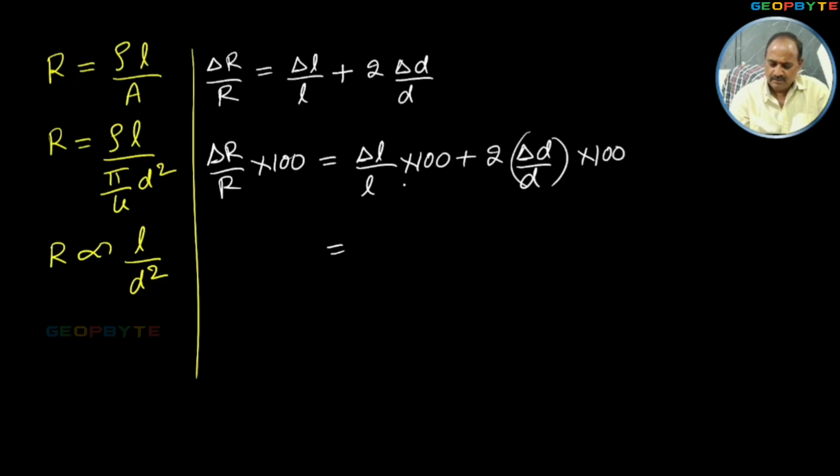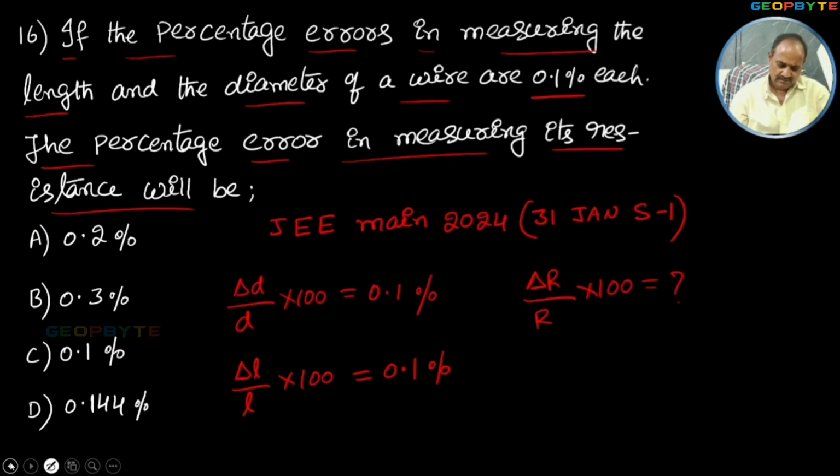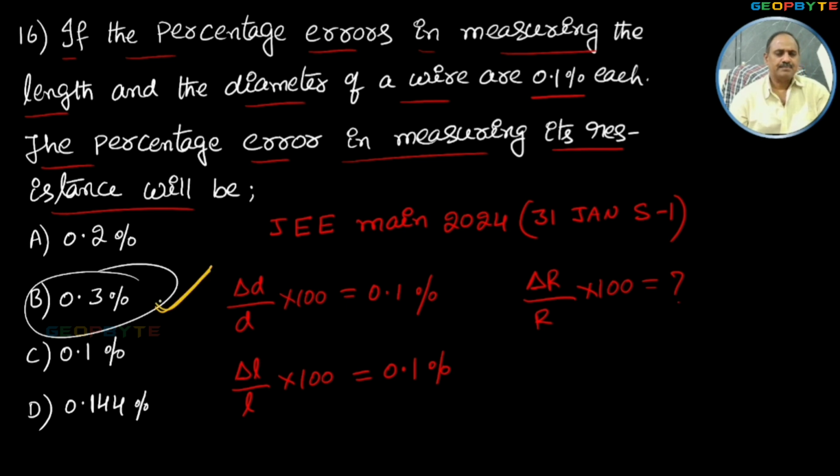It is equal to 0.1% plus 2 into 0.1%. So finally it is 0.3%. That is the percentage of the error in resistance. Option B is absolutely correct.